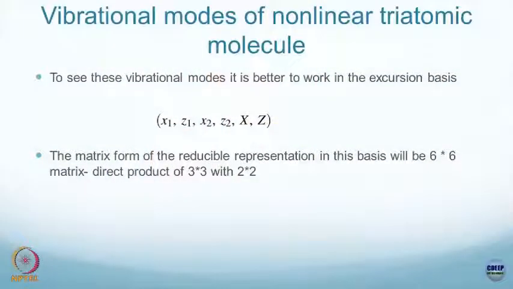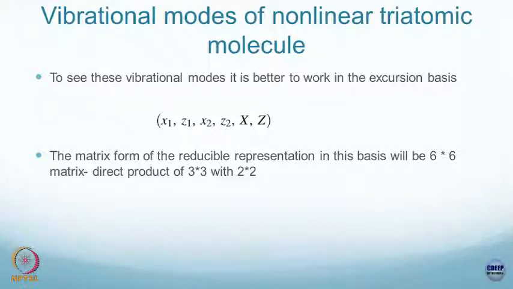Okay. It is a 6-dimensional vector space, the matrix representation which I am going to write will be a reducible matrix, and this vector space will also be reducible. Okay. I can write a 6-dimensional basis here, and then I want to look at what are the irreducible bases associated with C2v symmetry.